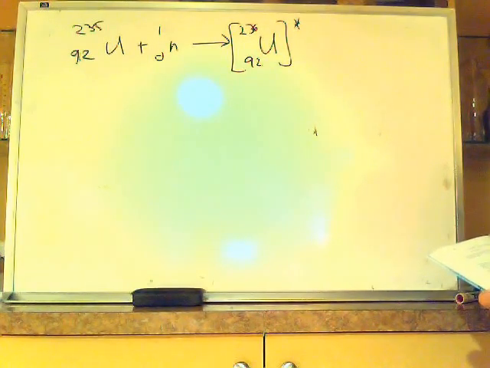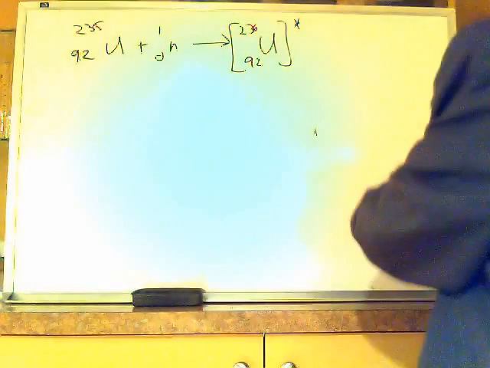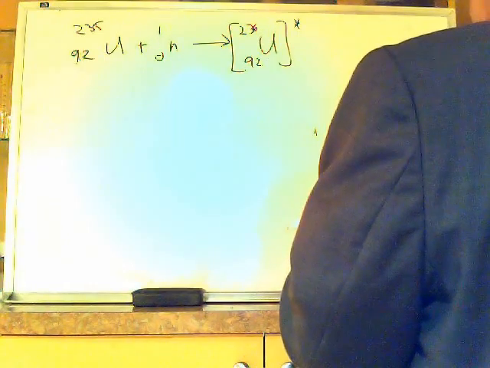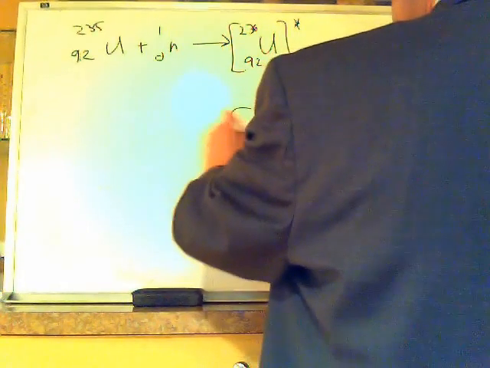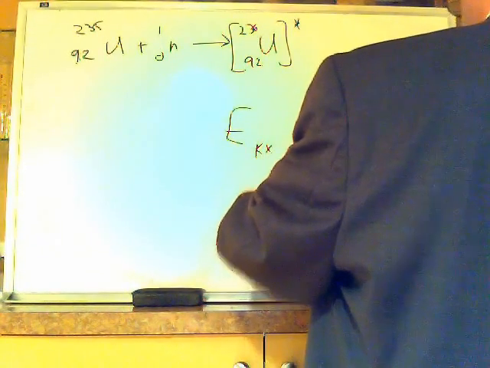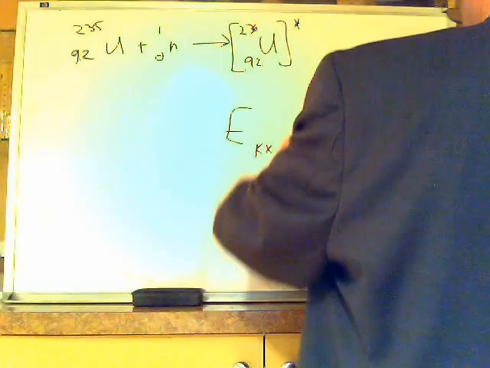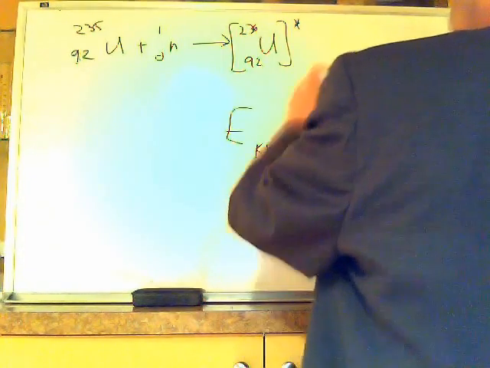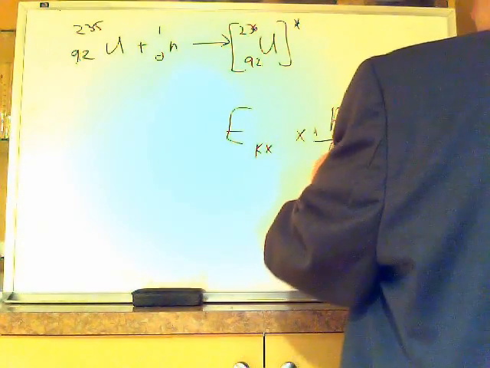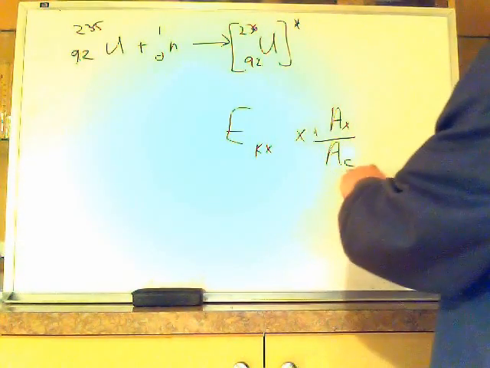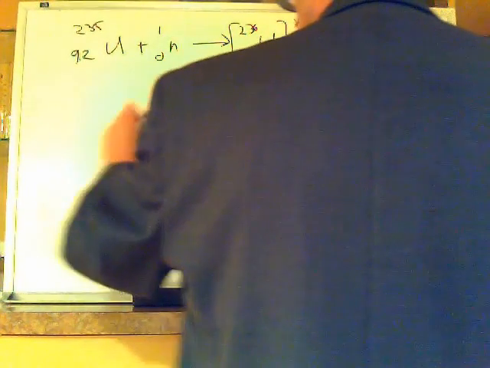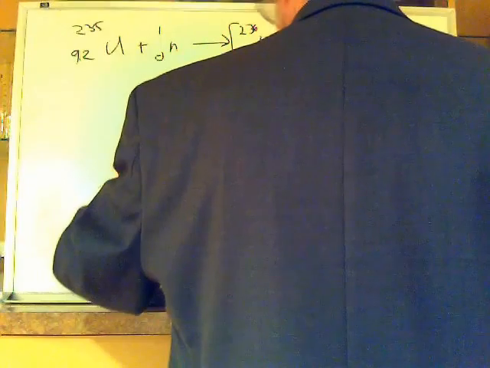So that's E sub kx, the projectile, multiplied by A sub x, the atomic mass of the projectile, divided by the atomic mass of the complex nucleus, and that's going to give us approximately E sub kc.